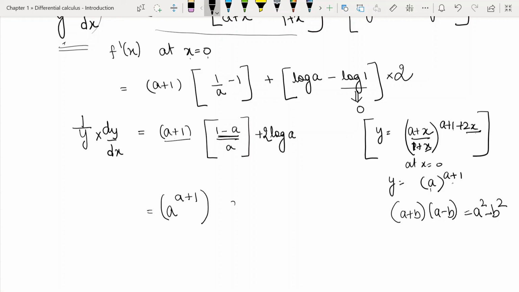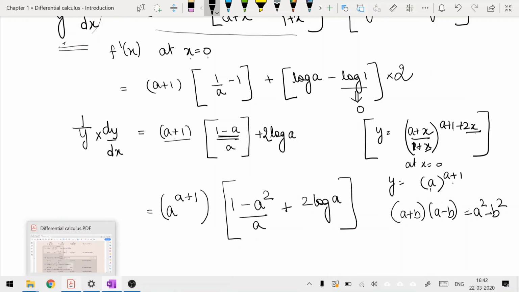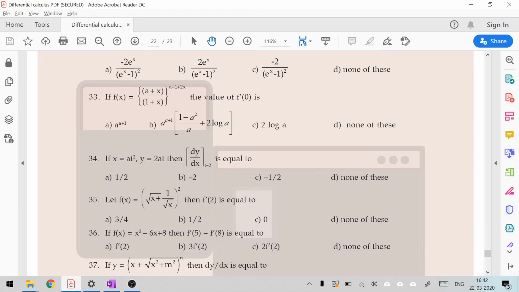So what you get here is 1 square minus a square, because 1 is first. So what we would get is 1 minus a square by a. Okay, put this within a bracket, plus 2 log a. You can write it as 2 log a, or what you can do is log a square. Now let us look at the options and see if this matches. So what you have is exactly matching here.